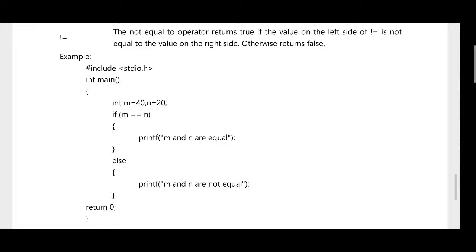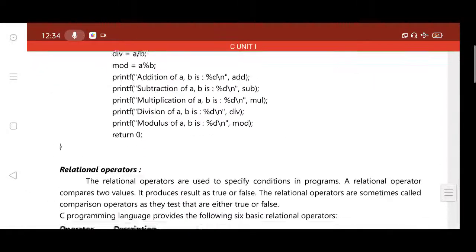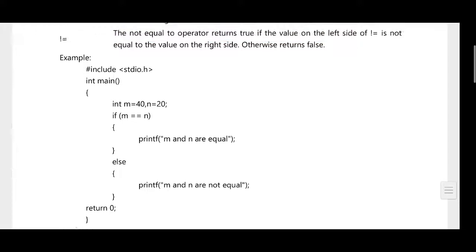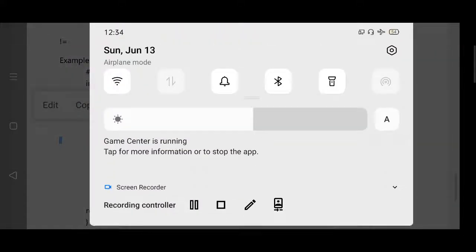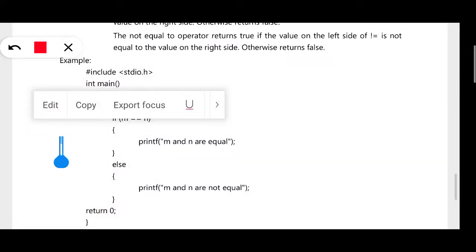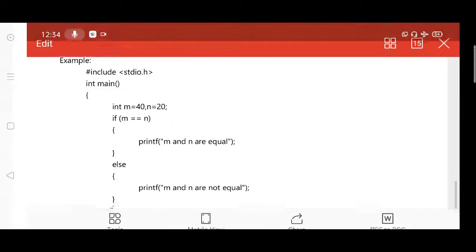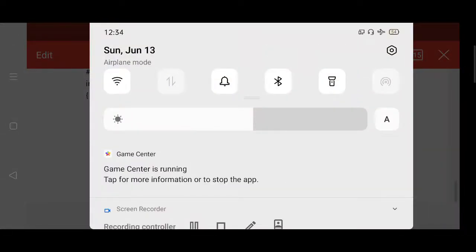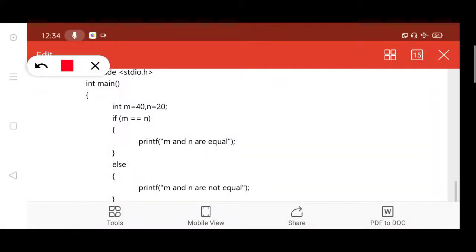Example: #include <stdio.h>, main, int. Here int m is equal to 40 and int n is equal to 20.